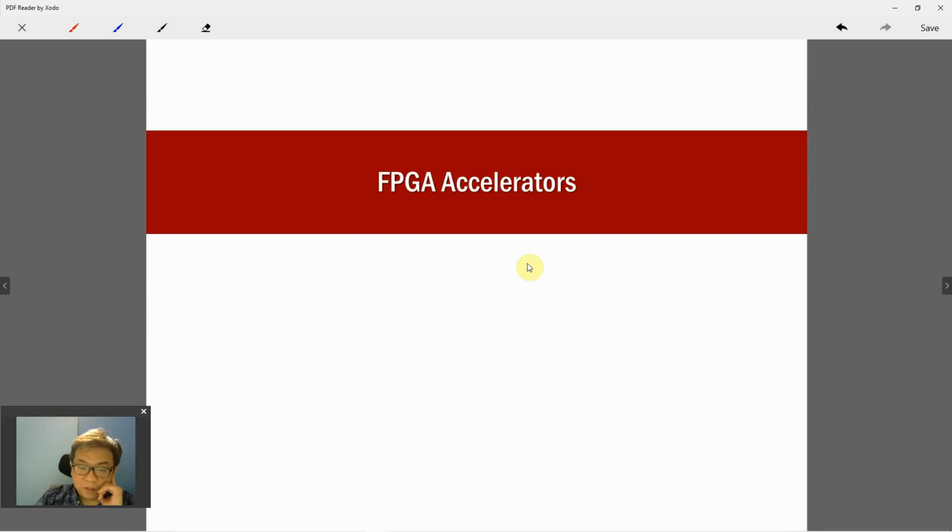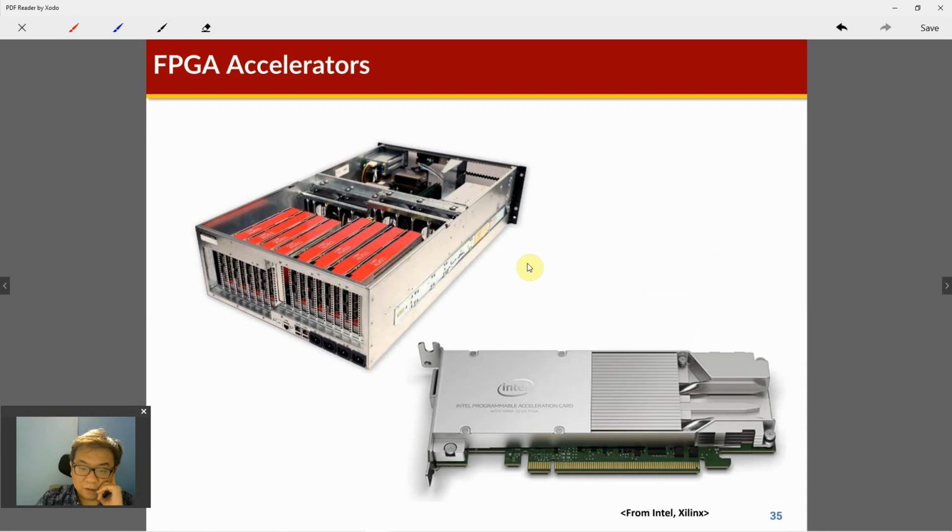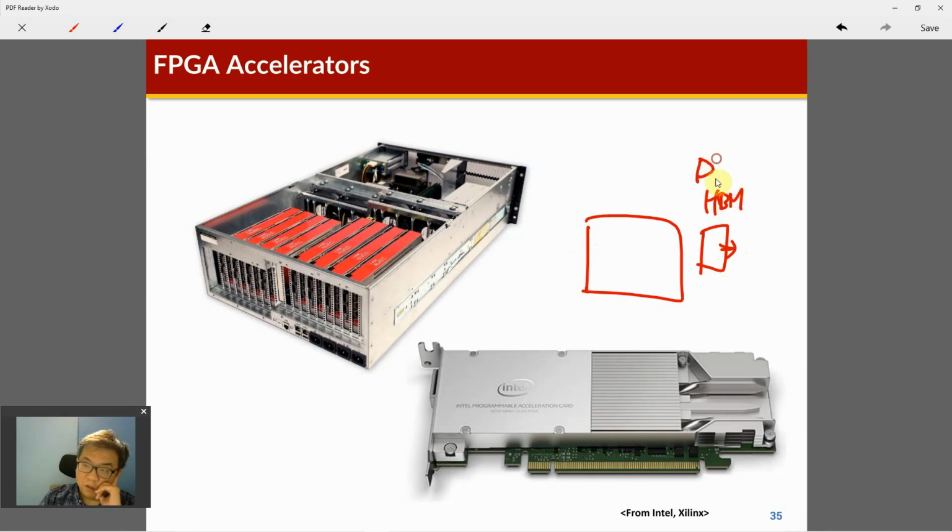And then the FPGA accelerator. The FPGA accelerator is a card type accelerator equipped on the server system, and this is one FPGA accelerator card. This accelerator card has an FPGA chip connected to some memory like HBM or DDR memory, and this FPGA card is connected to the host system via the PCI bus.